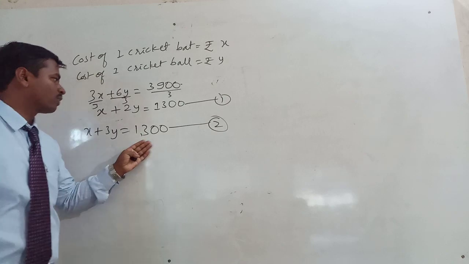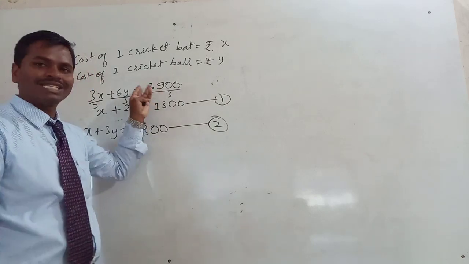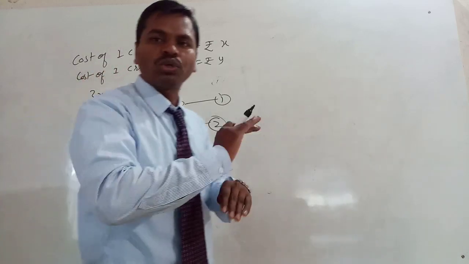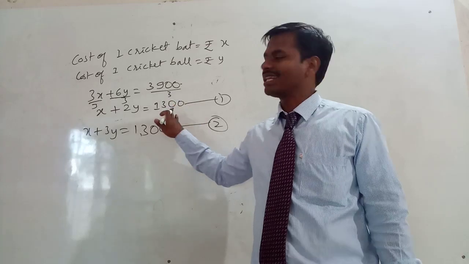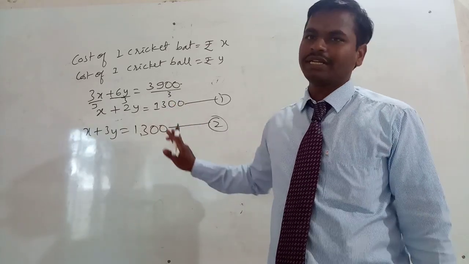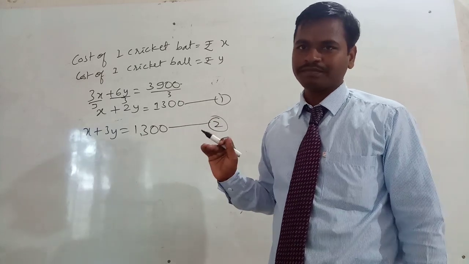The second is x plus 3y equal to 1300. First equation is also correct, but dividing throughout by 3, we can write it in the simplest form. Using these 2 equations, we can draw the graph.